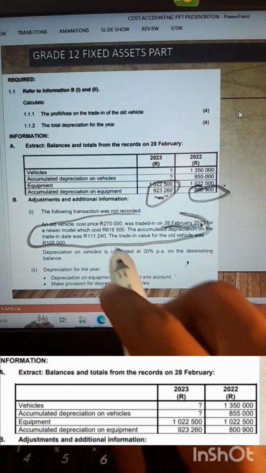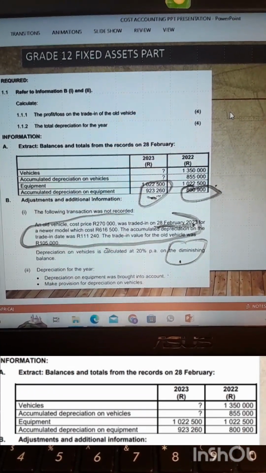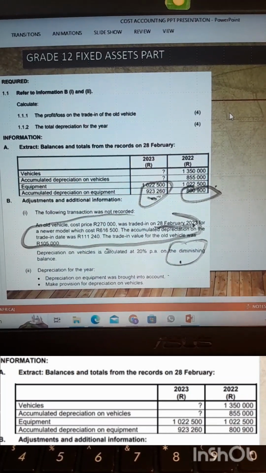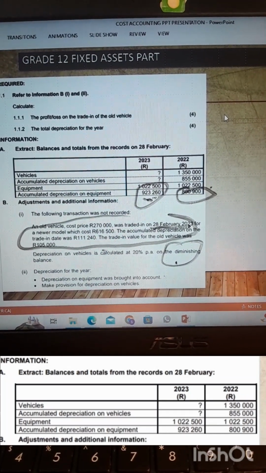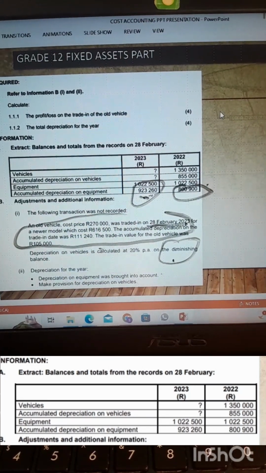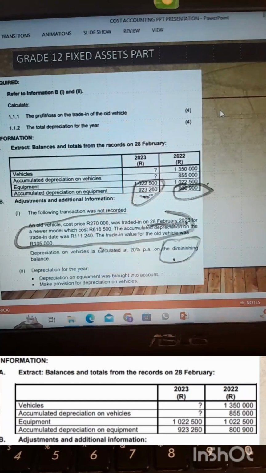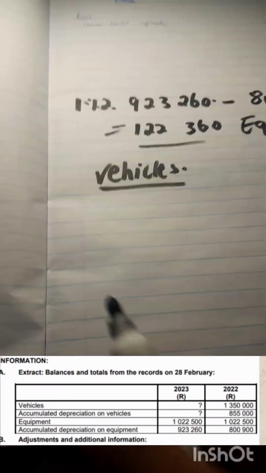So we're using the diminishing balance method. The diminishing balance method says: vehicles at the beginning, minus accumulated depreciation at the beginning, times 20%. Let's work it out.